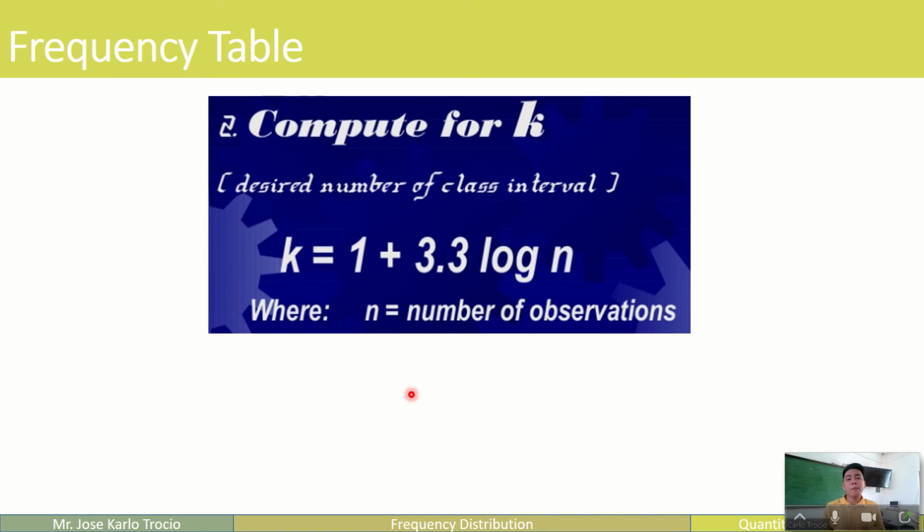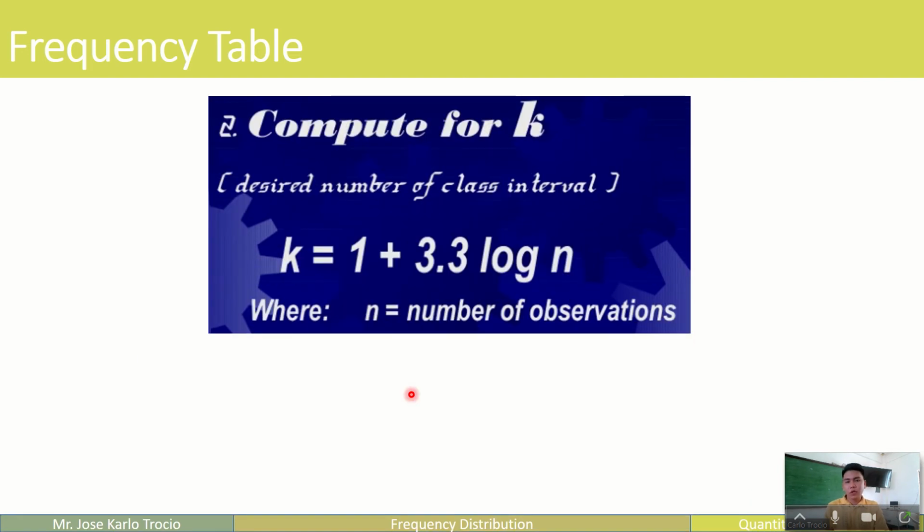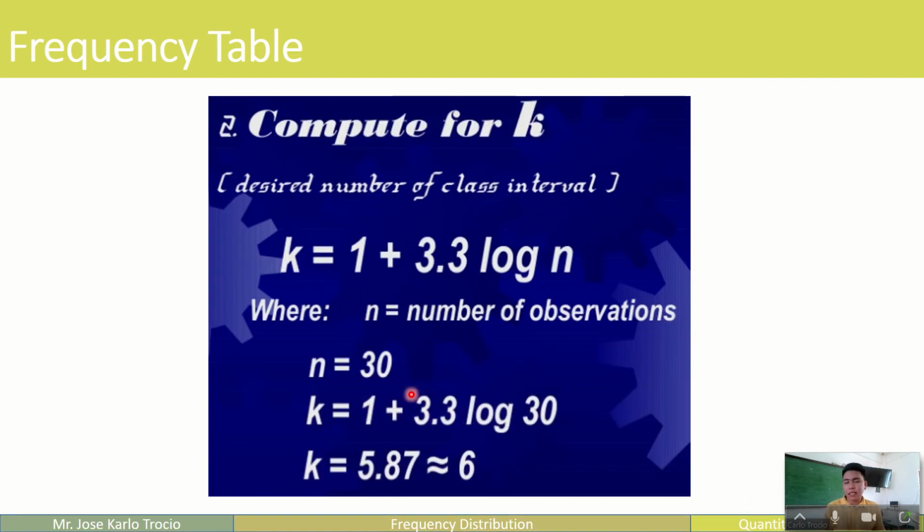But we have a suggested number of class intervals based on the nature of the data that we have. For example, in this data, we only have a range of 23, so we will be having only 6 class intervals.